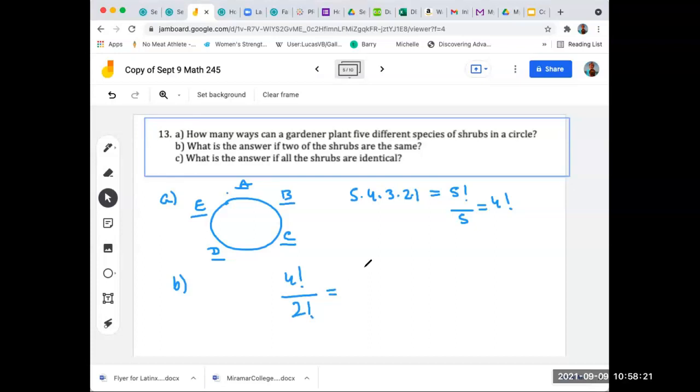Whenever things are identical within your permutation, if you have 2 identical things, you divide by 2 factorial. If you have 3 identical things, you divide by 3 factorial, and so on, to get rid of the repeats.